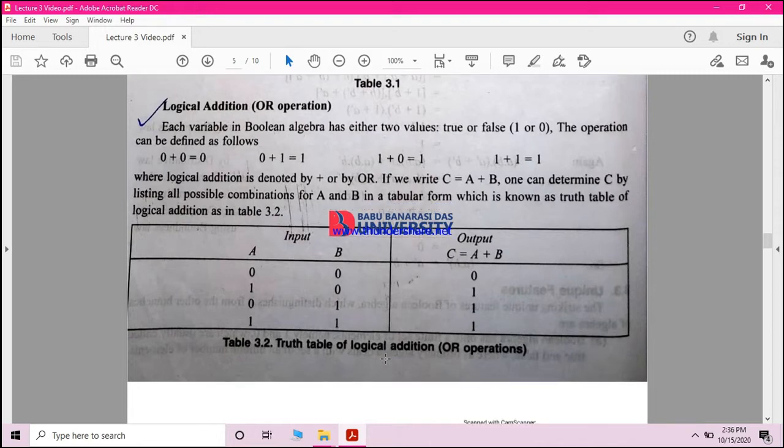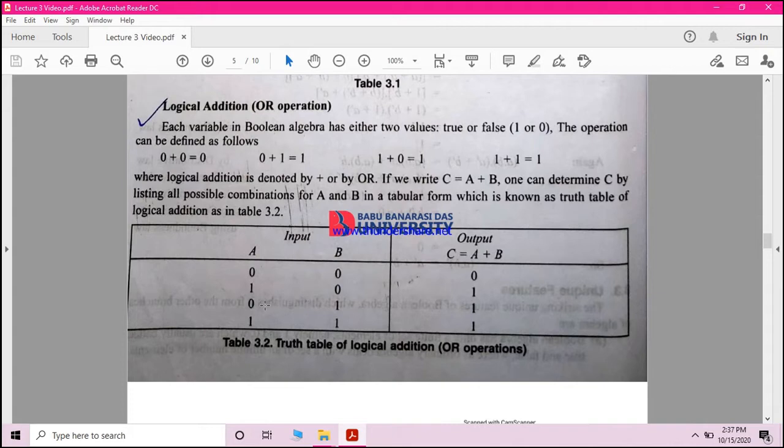Let's see the truth table. If the given input is 0, 0, the output will be 0 as both the conditions are false. If the given input is 1, 0, meaning one condition is true and another is false, then the output will be 1, because the condition says OR: either this is true or this is true, then your answer will be true.